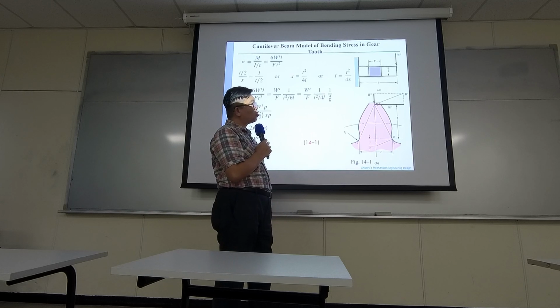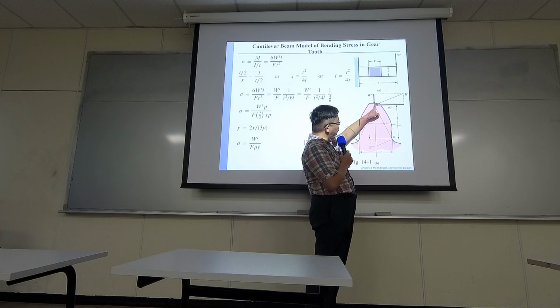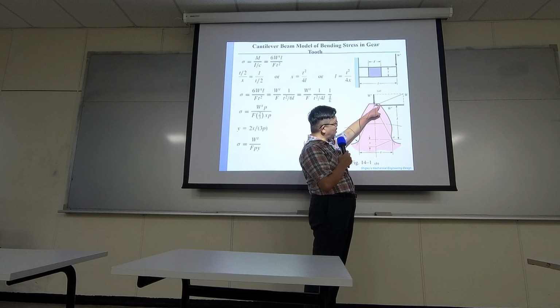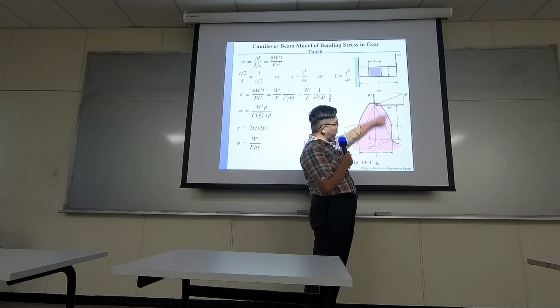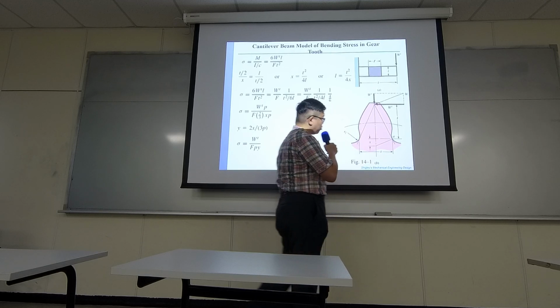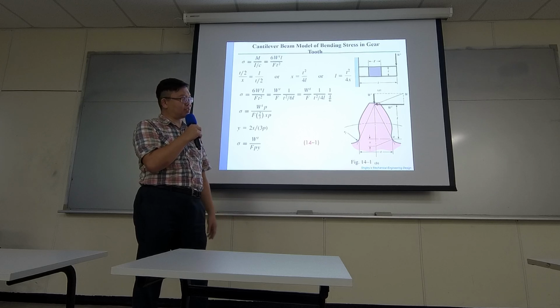Okay, so why do we study the force applied to here? Because the force doesn't really apply to here. The force actually rolls from the edge from one point to another because gears have this conjugate motion. So this is a worst case analysis.